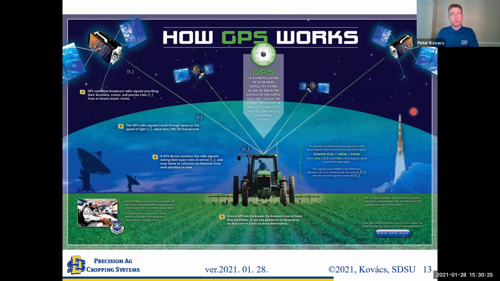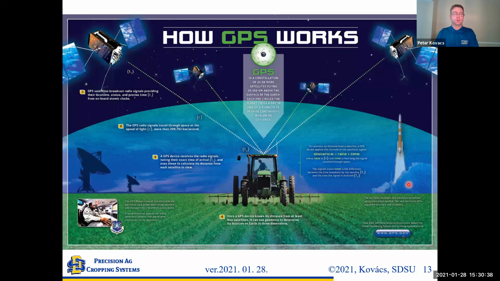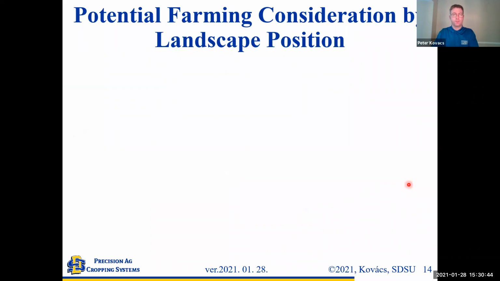Or if we try to go with a somewhat separate management strategy on these areas, we can also utilize the GPS to potentially trigger variable rate application or different management zones for those areas.